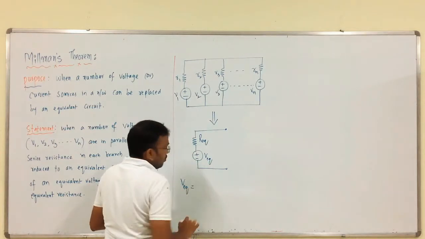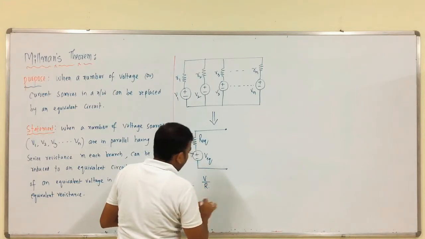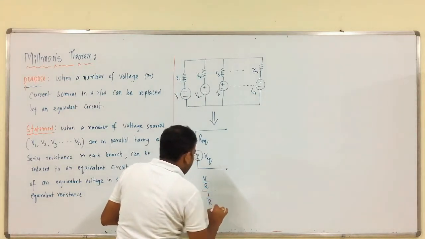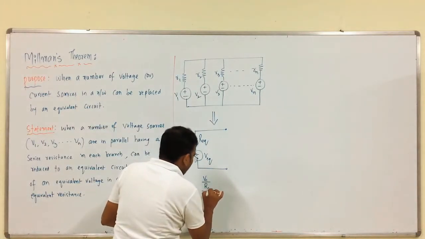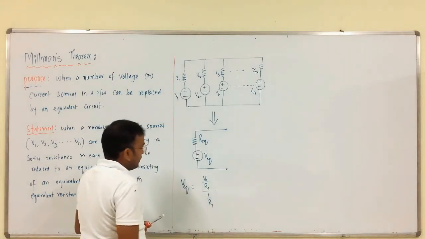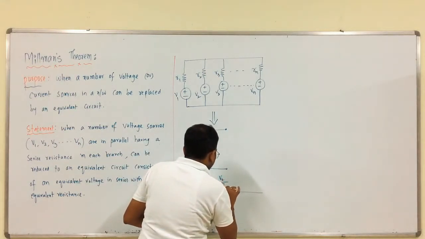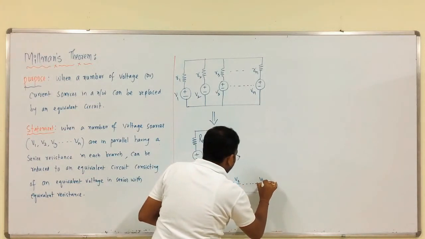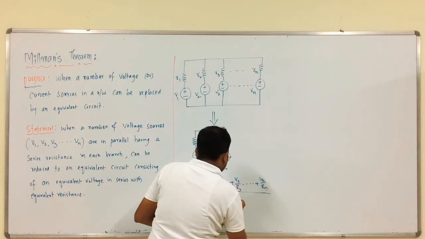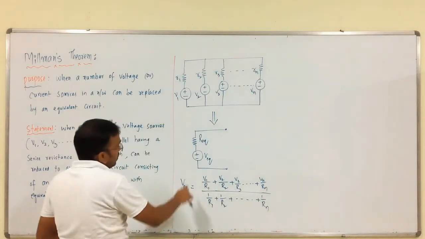Then from this, V equivalent is equal to, we can write it like this: V1 by R1 plus V2 by R2 plus V3 by R3 up to so on Vn by Rn, divided by 1 by R1 plus 1 by R2 up to so on 1 by Rn.